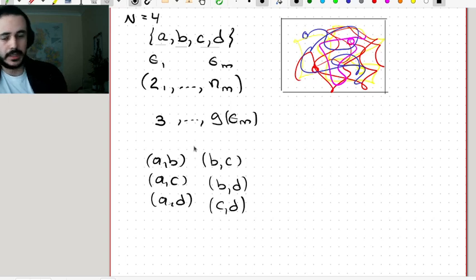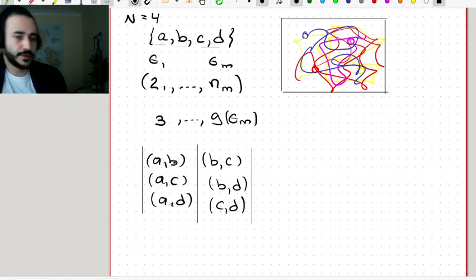Notice that I am not counting, for instance, B first and A second as different from AB, or any other one. Like for instance, DC is not different from CD. That's what I said before, that I don't care about the order in which I pick. I just care about the specific combination of particles I choose. So these are 6. We count them, they are 6.